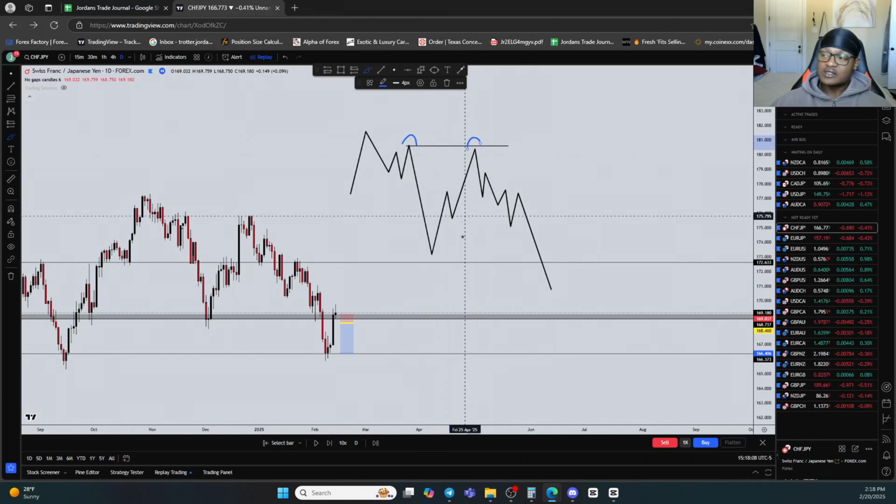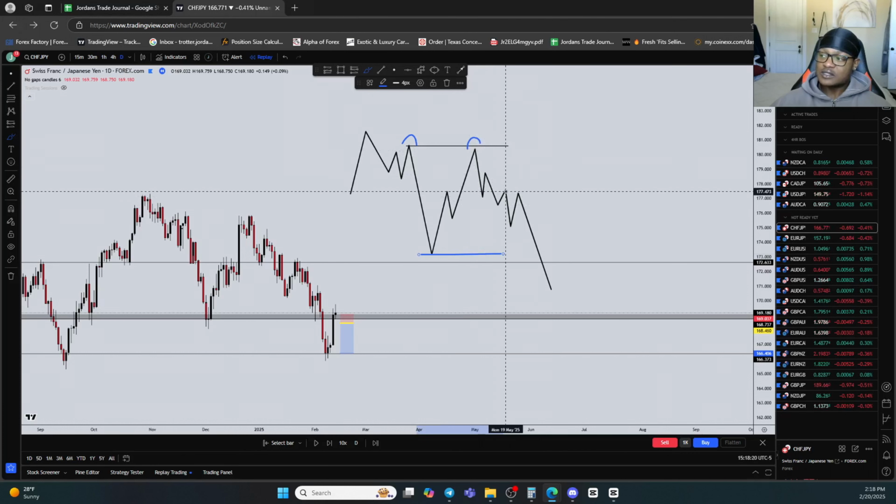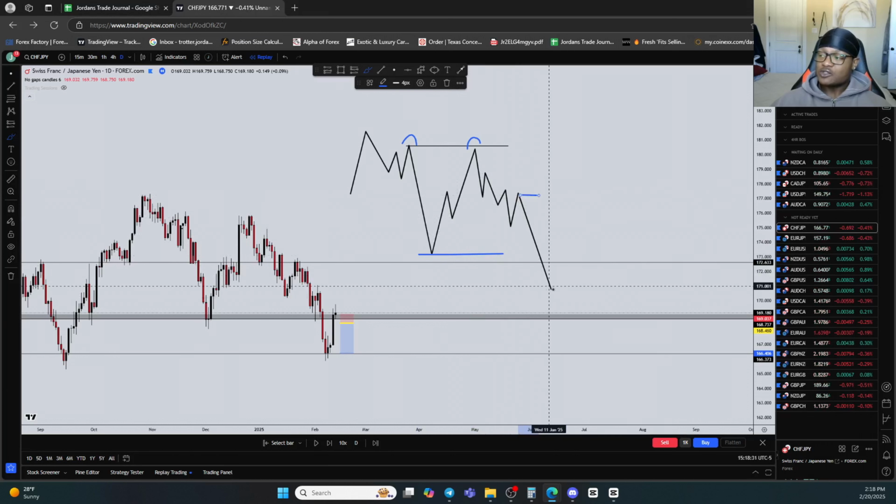It's not a confirmed double top until we're able to break out of the neckline price has formed. So after price formed that rejection, you can see how price started to move back towards the downside. And as price moved towards the downside, it gave us the break of structure of those recent lower lows, now marking this off as our new lower high. And now we're just waiting for price to form the retracement back towards this recent broken structure. Once that happens, we will then continue with that breakdown.